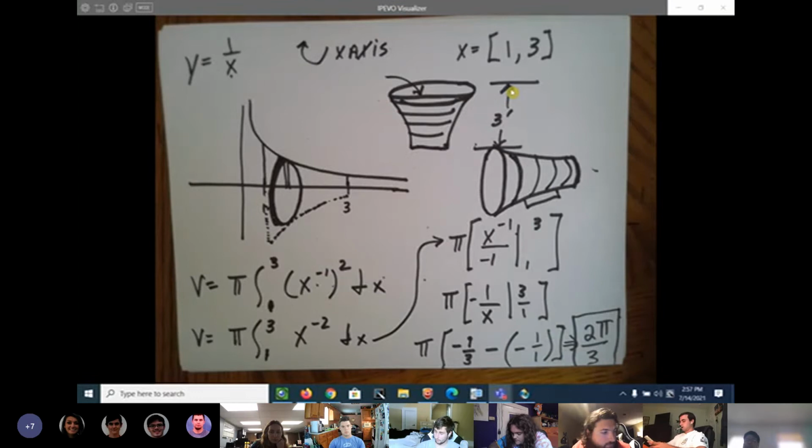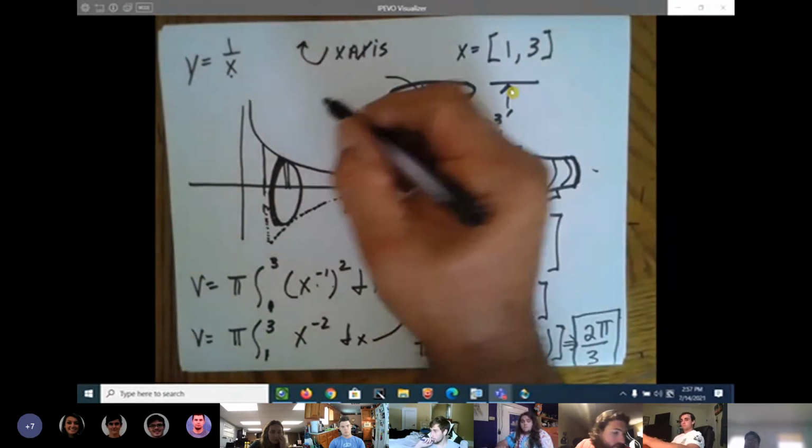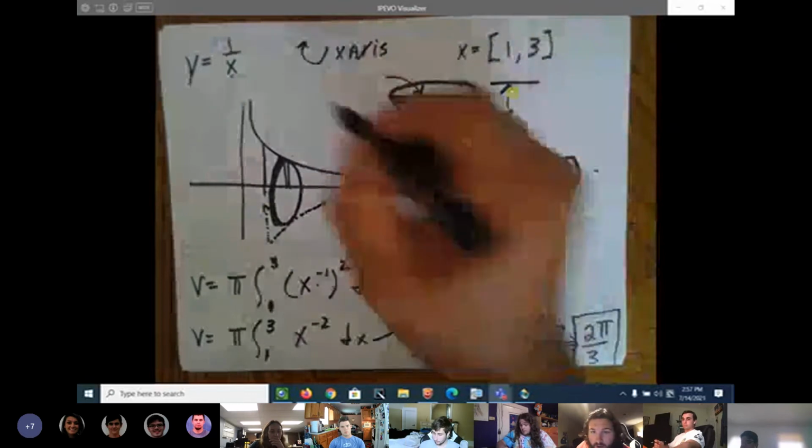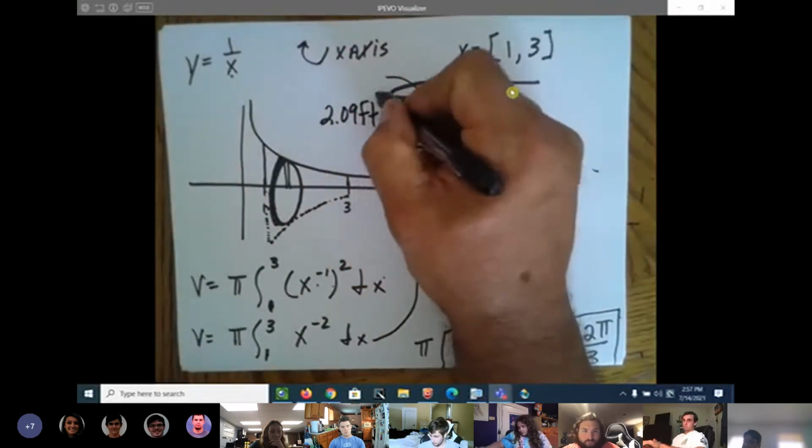2. It's going to be around 2 cubic feet. Two decimal places, please. 2.09. Cubic what? Feet.